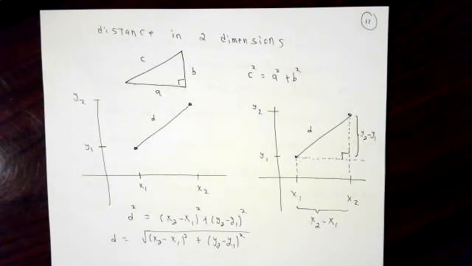Although, if the bottom point were further to the right than the other point, it would be x1 minus x2. Really, I ought to say absolute value here, but I'm going to square this distance in a minute anyhow, so if I've got its sign wrong, it will fix itself.